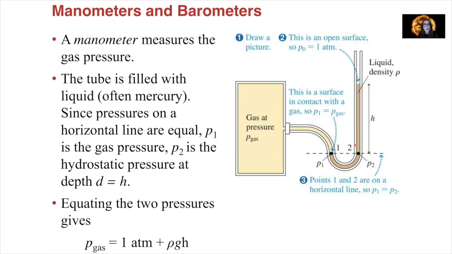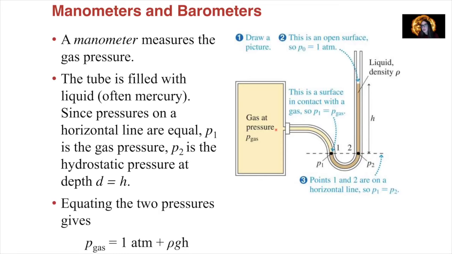So P1 is our gas pressure in this problem. P2 is the pressure at depth of d equal to h, this depth right here, where we've drawn that horizontal line, and our column of fluid extends up a height h on this side, okay? And so P1, again, has to equal P2.